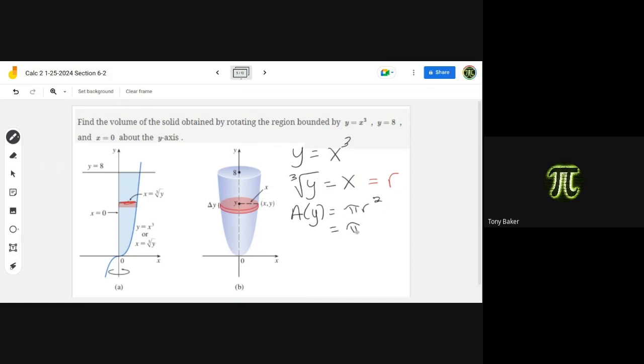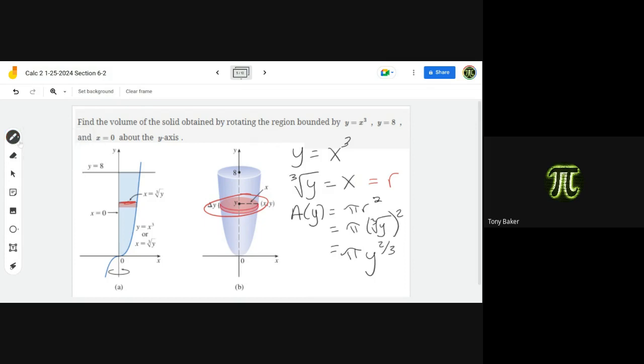So it's pi times the cube root of y, squared, or pi y to the 2 thirds. So that's the area of that disk at any point on the y-axis.